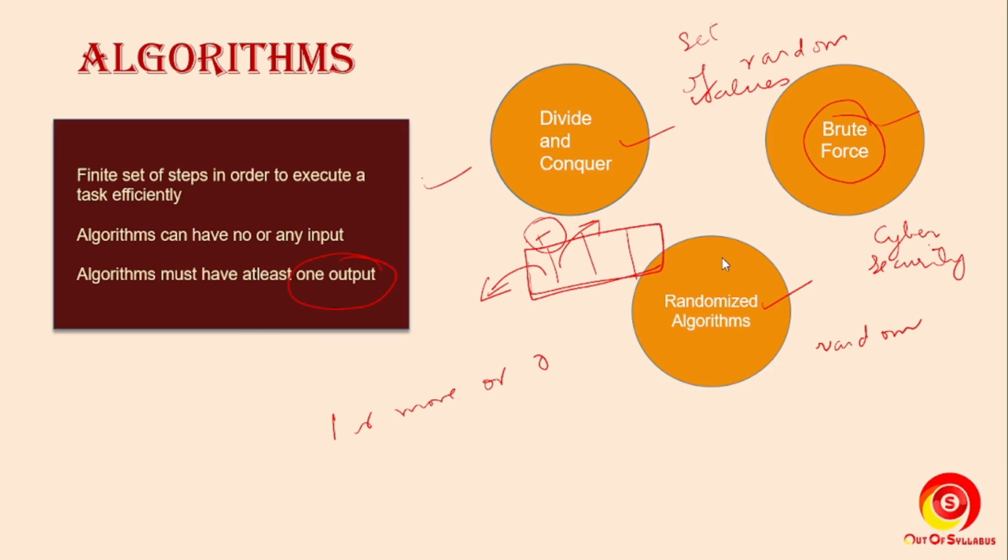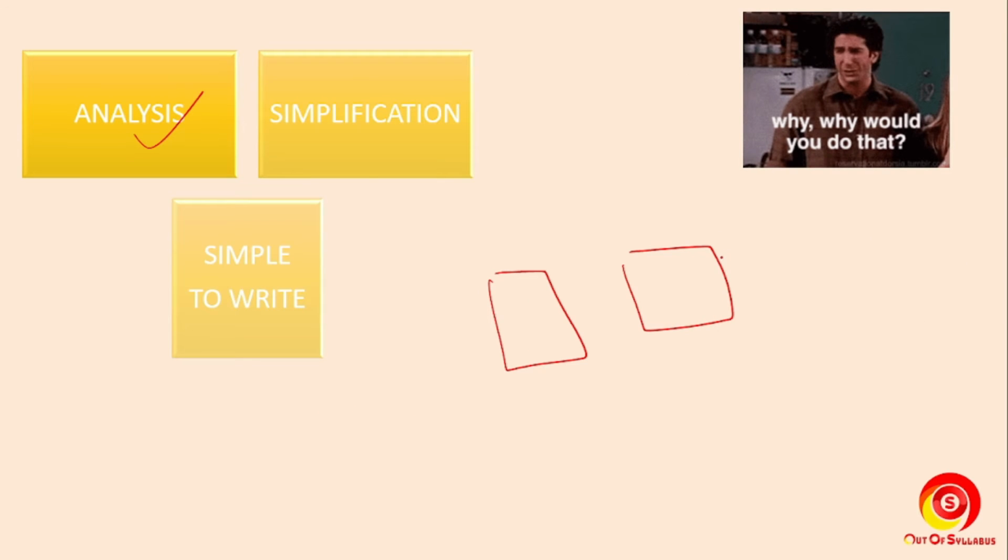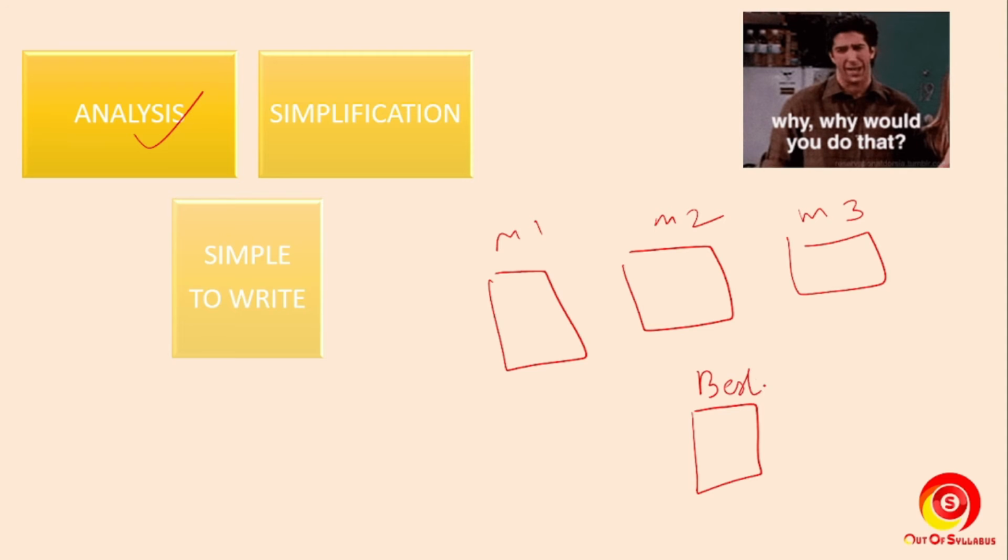You can follow any method according to your liking. So if there is method 1 and method 2, you can analyze both. If there are more methods, you can compare all of them and finally conclude which is the best out of all these methods. So algorithms can be used to analyze.